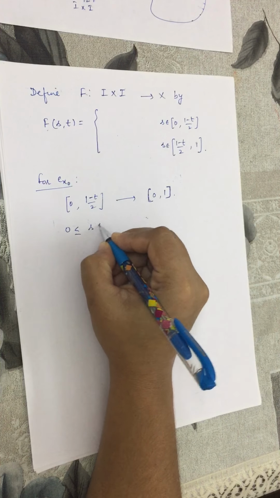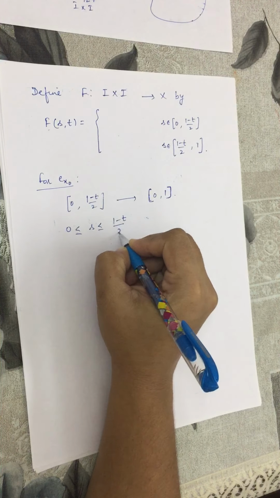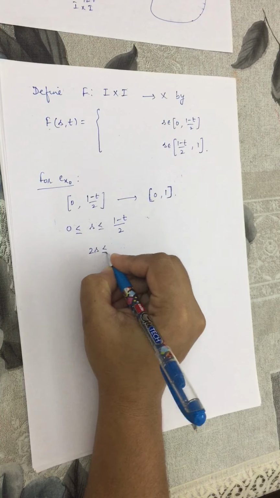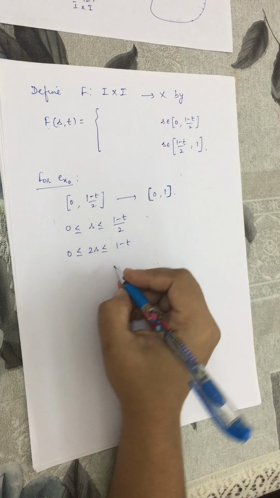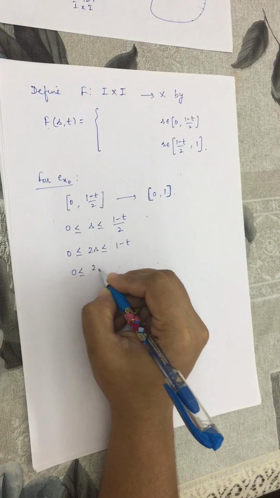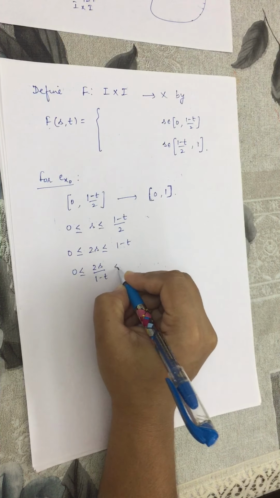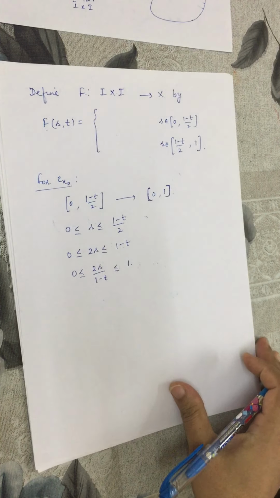If s lies between 0 and (1 minus t)/2, then 2s lies between 0 and 1 minus t, which means 2s upon (1 minus t) lies between 0 and 1.